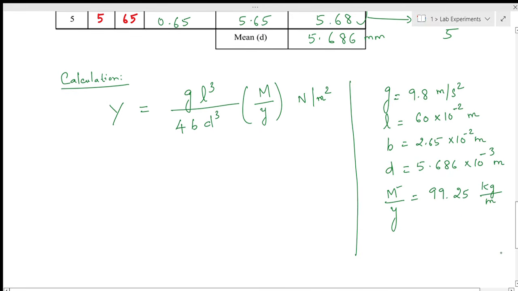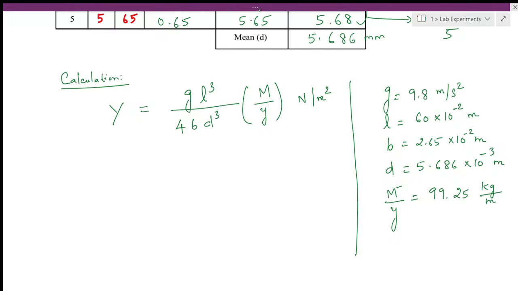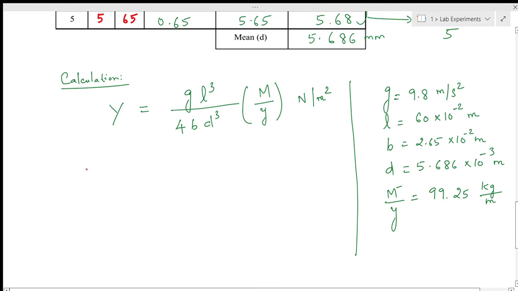Substituting all the values we get Y is equal to G is 9.8, acceleration due to gravity, and L cube is 60 into 10 power minus 2 the whole cube.